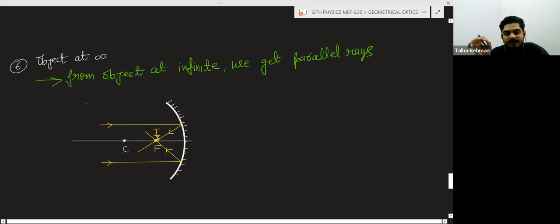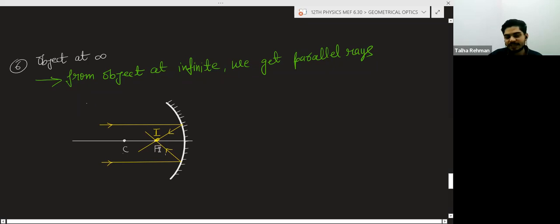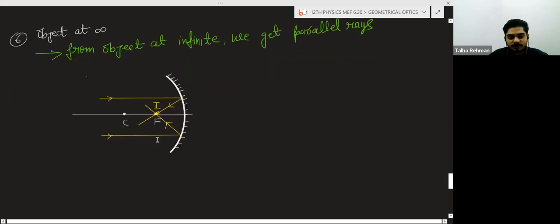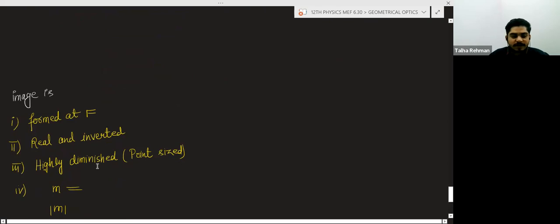If any image is real, it is inverted also. The location of the image is formed at the focus, and magnification is very much less than 1 because this image is a point size image, very small image. So formed at focus, real and inverted, highly diminished, point size.